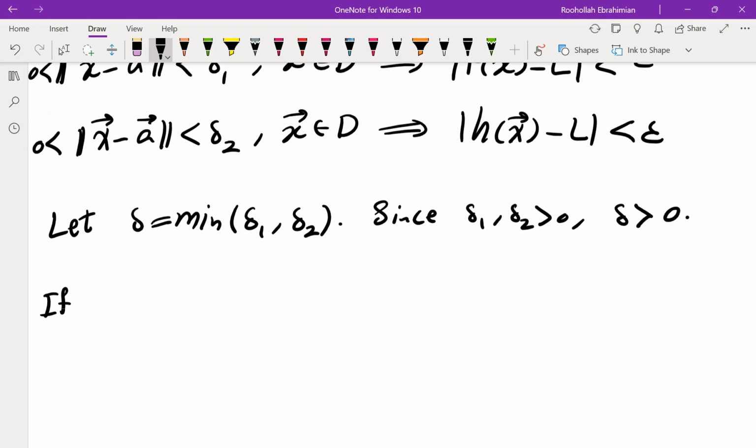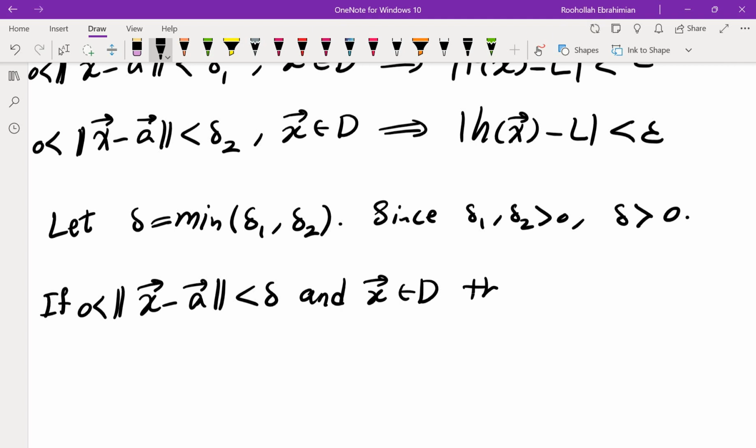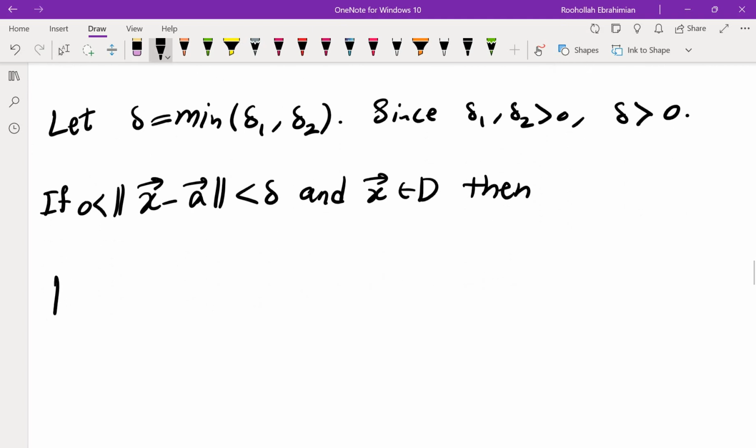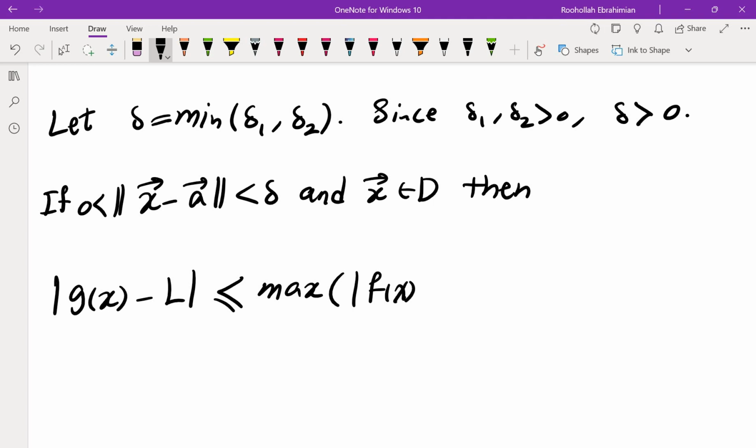Now if the norm of x minus a were less than delta and more than 0, and x were in D, then the distance between g of x and L, which we know is less than or equal to the maximum of absolute value of f of x minus L and absolute value of h of x minus L, and these x's are in Rn, so I have to put arrows on top.